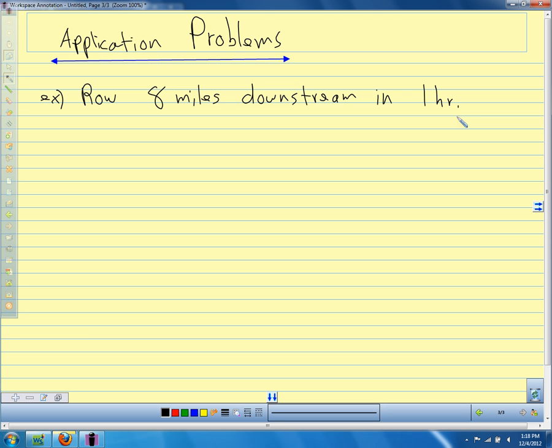And this same person can row 6 miles upstream in 3 hours. So it's a lot harder to row upstream.